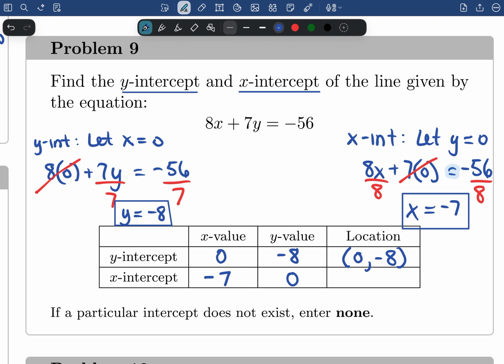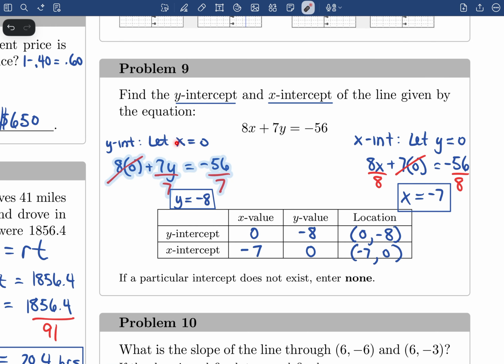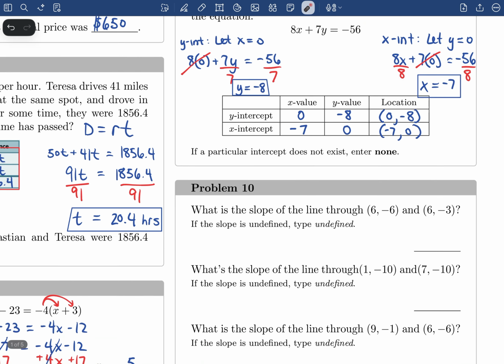My y value is 0, so the location is negative 7 comma 0. We have found the x and y intercepts of this linear equation. In fact, this is how you can find x and y intercepts for any given equation ever, right? You can let x equal 0 to get the y-intercept and let y equal 0 to get the x-intercept. That's always how it's done, always.